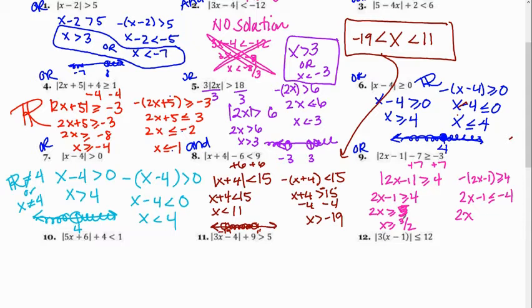I just realized my mistake here, because this will be -3 and x will be less than or equal to -3/2. This should be an or statement. Let's check it out. I want greater than and less than. Good. So my or statement holds for this one.